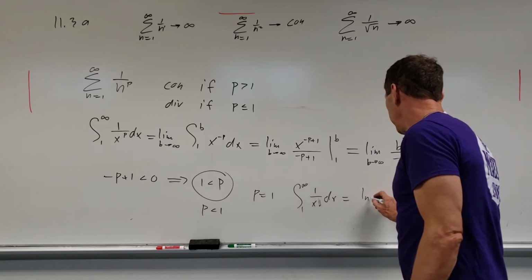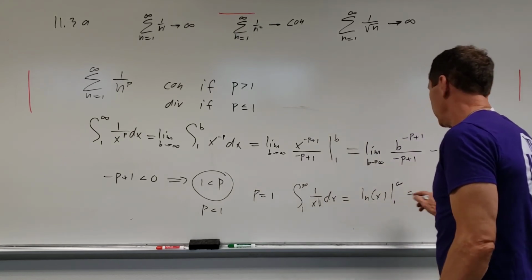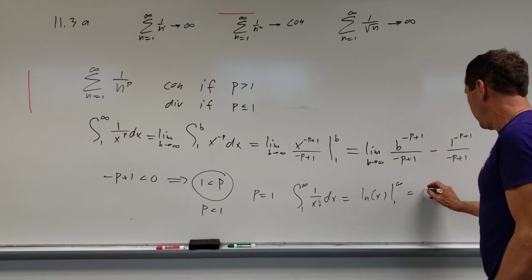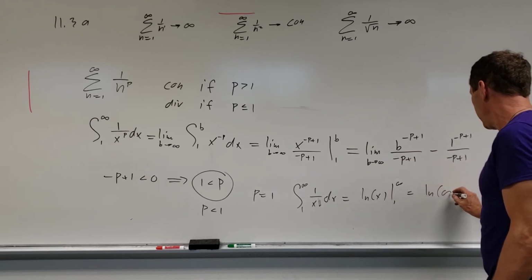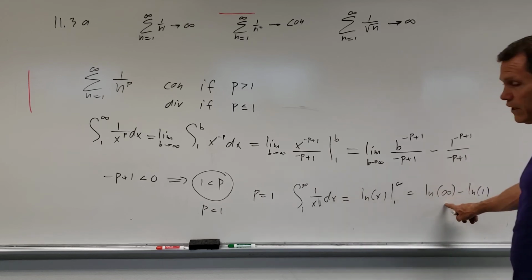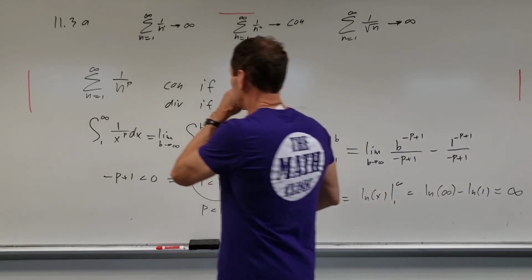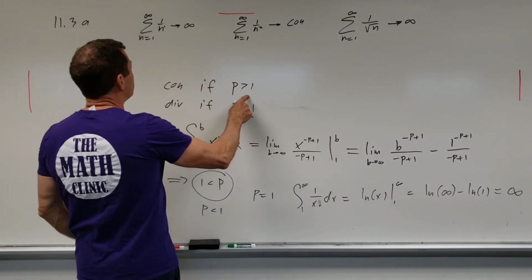That's going to be ln of x from 1 to infinity, which is, again, I'm doing bad math here, ln of infinity minus ln of 1. So what's ln infinity? That's infinity minus 0. So this is going to be infinity. It's going to blow up too. So the only time it's going to work is if p is bigger than 1.